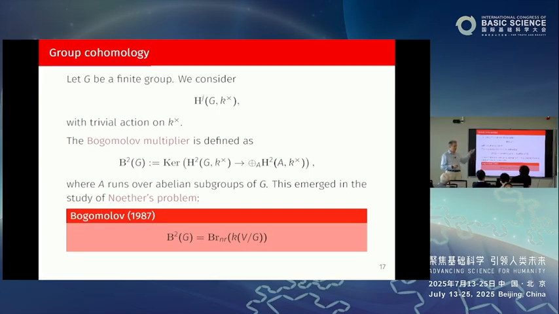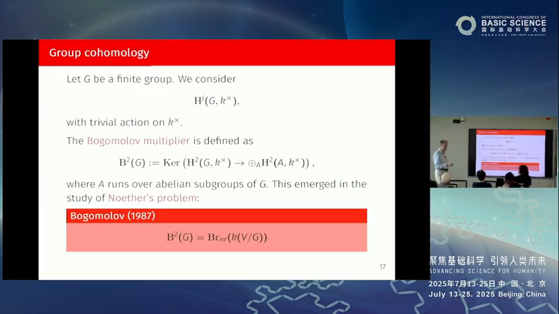Bogomolov was able to produce this simple formula, and then you can ask what kind of groups have this property, and you come up with groups of order 64, 128.